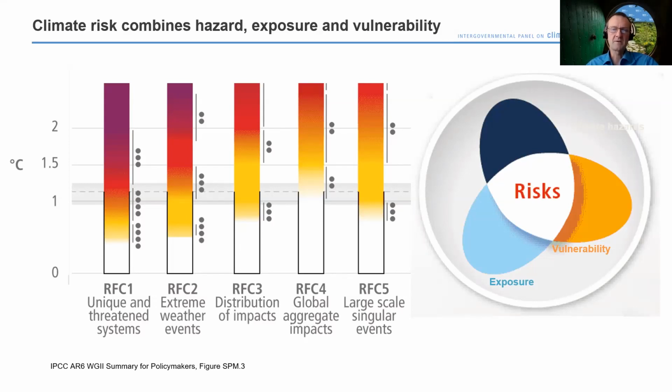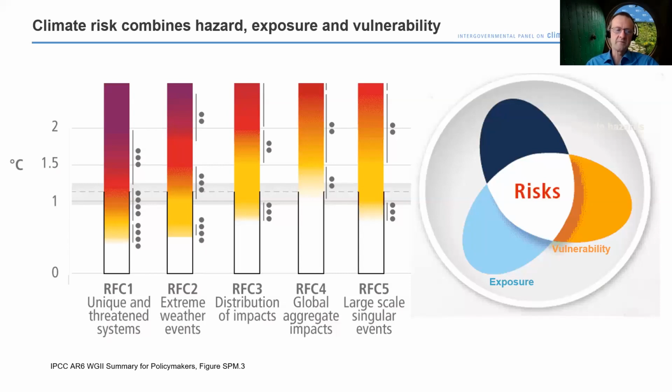As far as unique and threatened systems are concerned, for example, once species are extinct, once ecosystems have been rendered incapable of continued functioning, reducing temperature is very unlikely to bring them back. That's a simple fact.